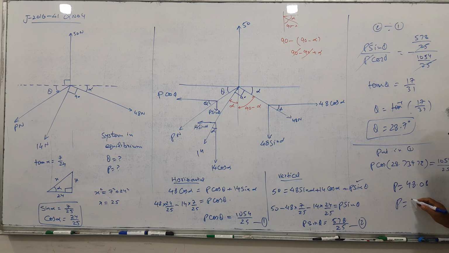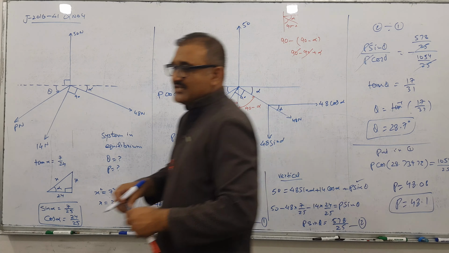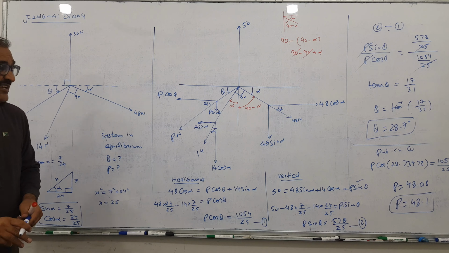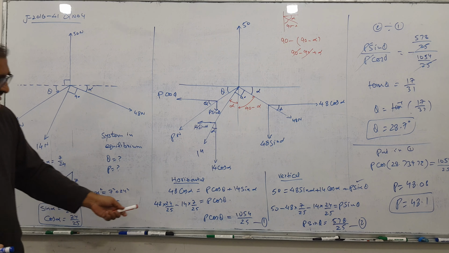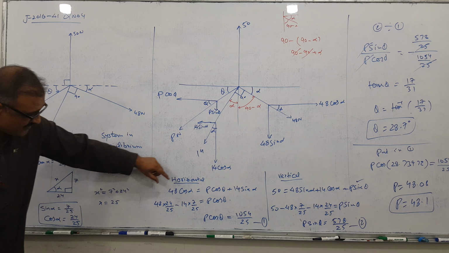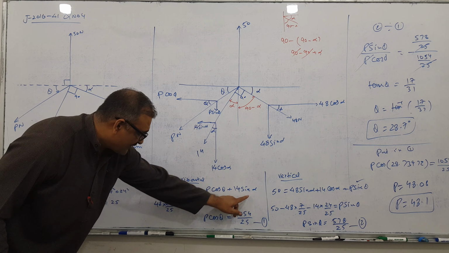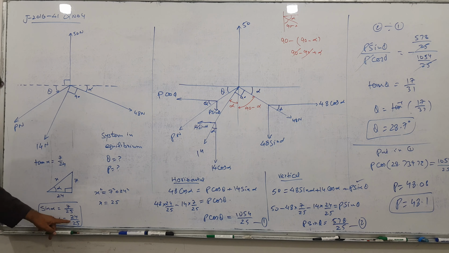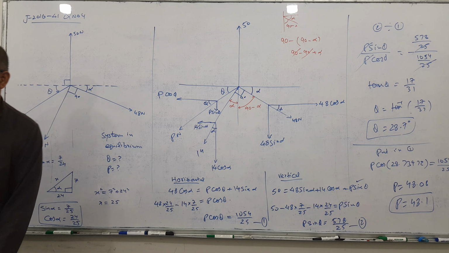So P is 48.1 newtons. You can see this is long working, but the hardest task is just putting in the values. Make sure I put sine alpha as 7 by 25 and cos alpha as 24 by 25, and the whole story is clear.